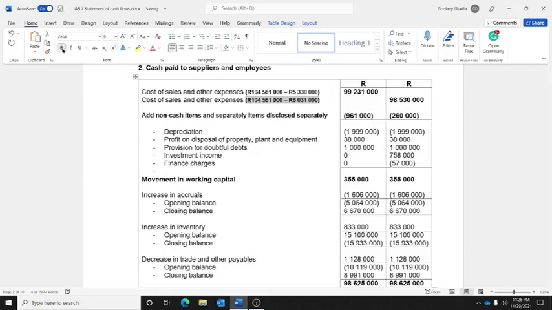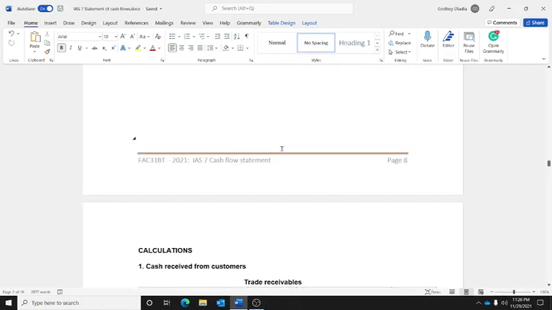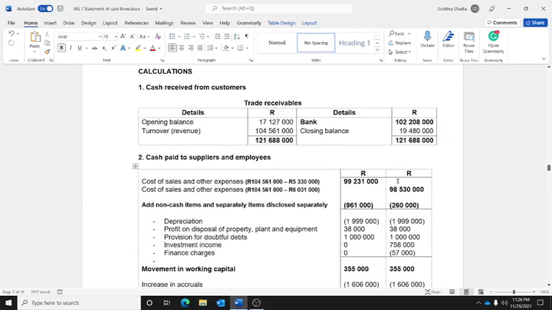Now, these are the amounts that we have. You'll see I've created two columns there so that I can demonstrate what I'm trying to calculate. Let's go up, I'm going to address these two figures first so that you can understand what I'm saying.